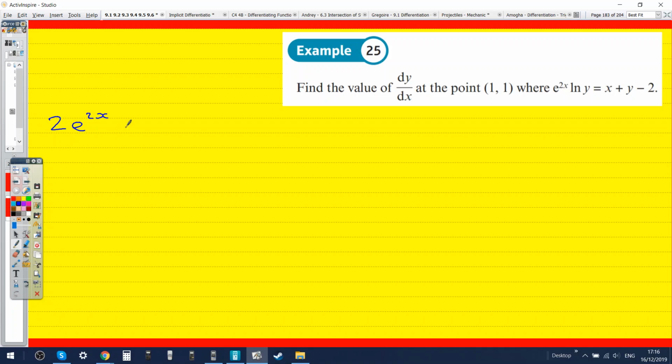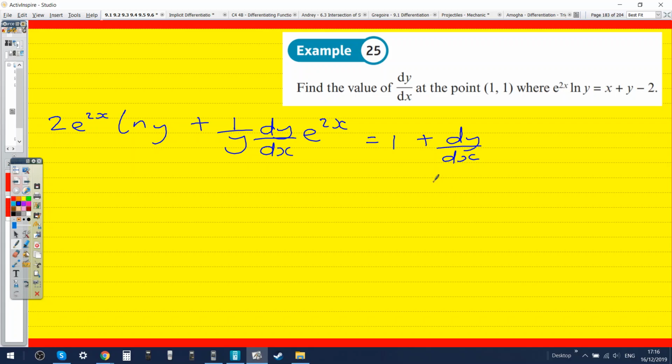Yep, so then that would just be ln y plus 1 over y dy by dx. And then e to the 2x is equal to 1 plus dy by dx. That's it.